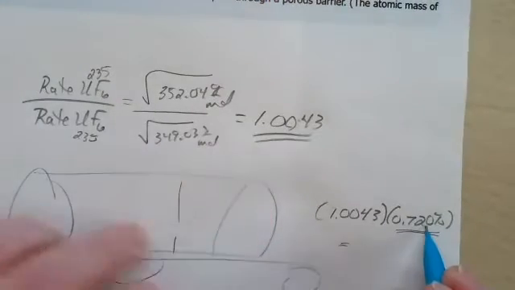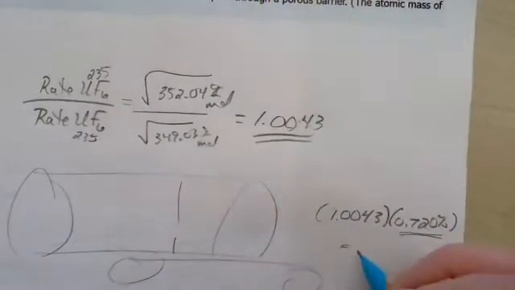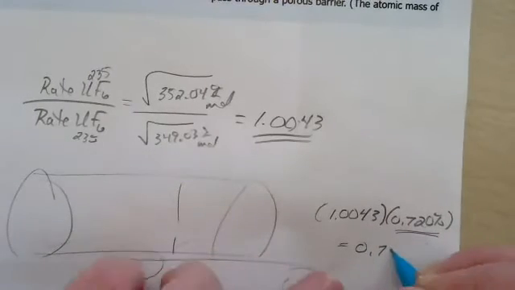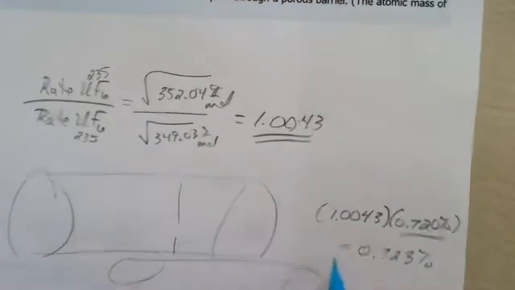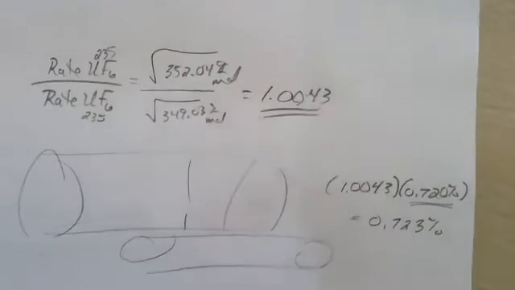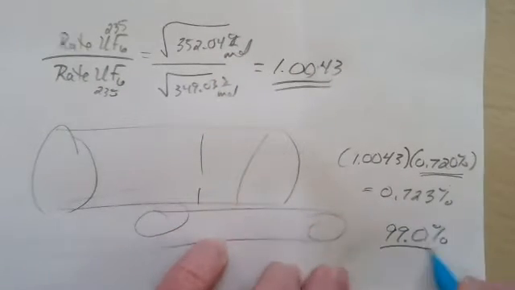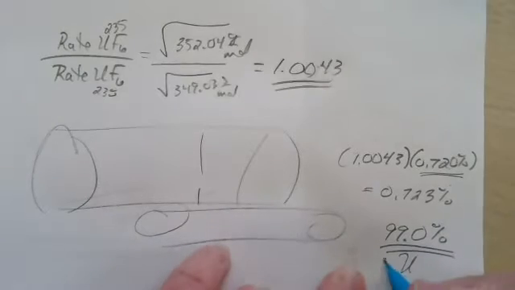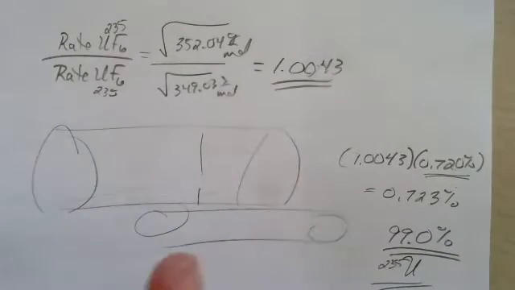Well, one pass increases the percent to 0.723%. And then they put it through again, and they put it through again nearly 1,100 times to get the 99% of the uranium-235 that has been determined to be best for fission.